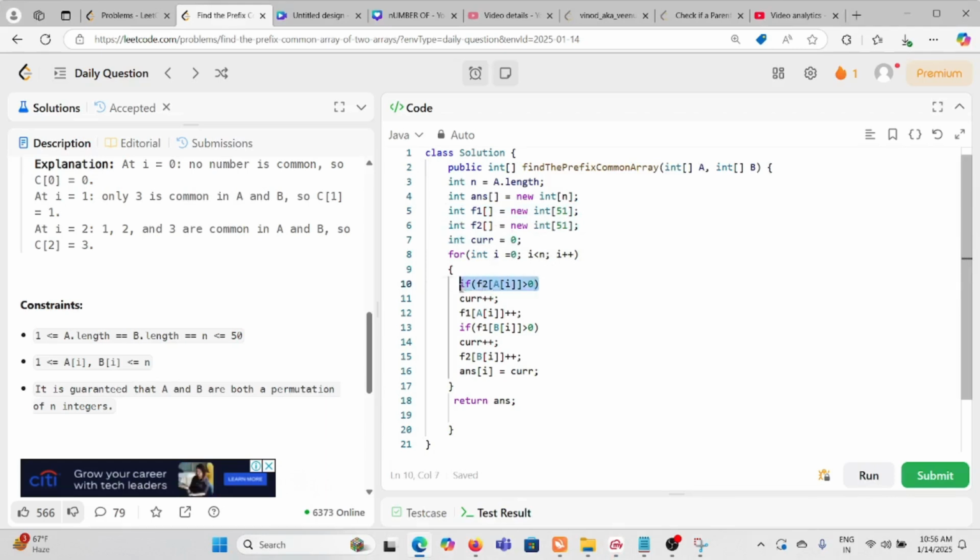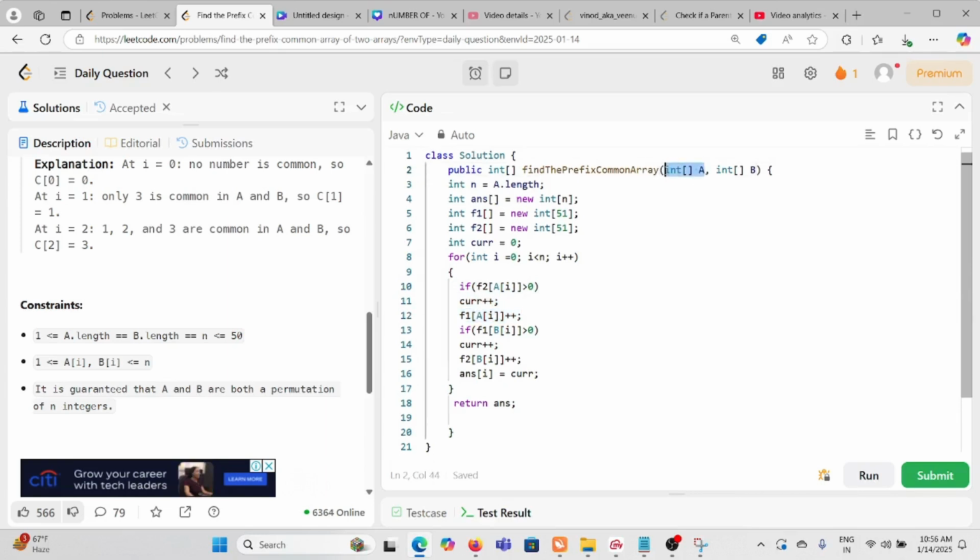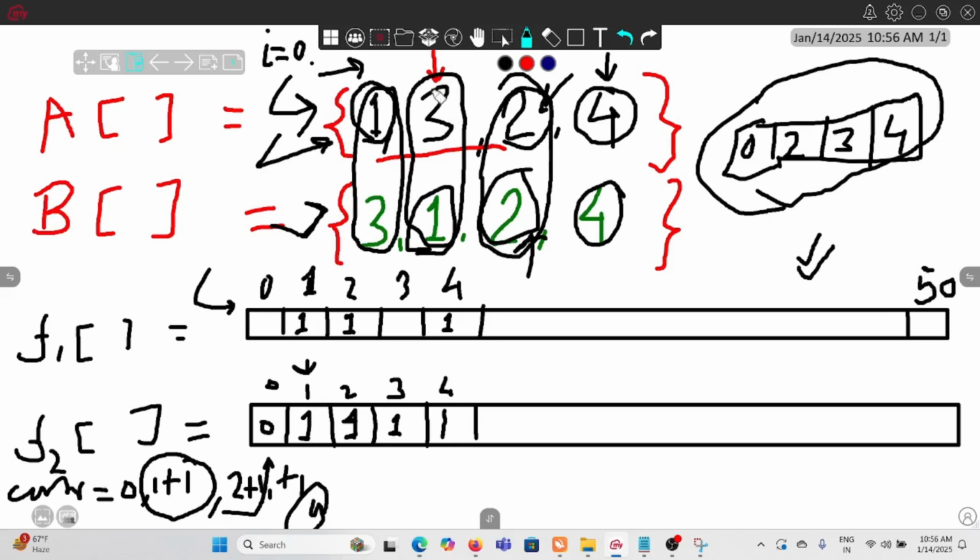If F2[A[i]] is greater than 0, we are checking in F2 first, and then increasing cur. Then we are putting A, because anyway it appeared in A, right? So we are increasing F1[A[i]]++, the way we were doing here. Whoever has appeared here, we first check whether it exists in F2 or not, but anyway we are putting its frequency in F1 only, and vice versa for B also.